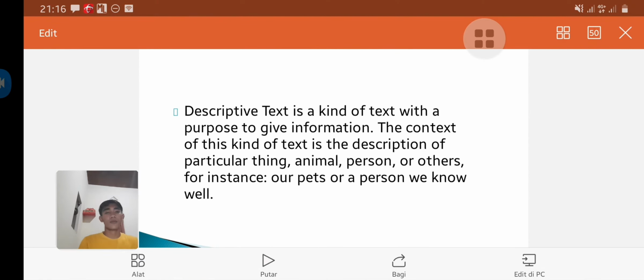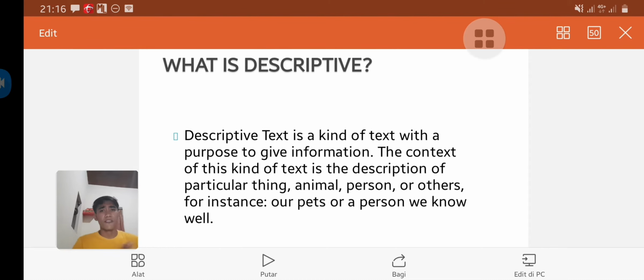Okay, we start from the definition of descriptive text. So what is descriptive text? Descriptive text is a kind of text with a purpose to give information about what you write.